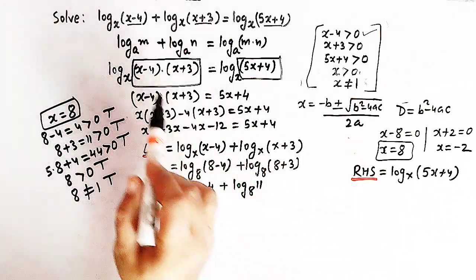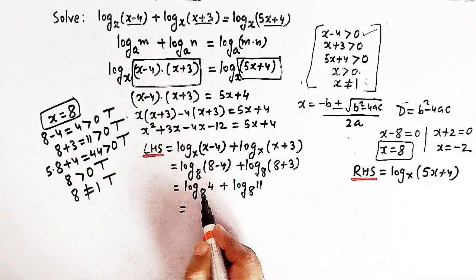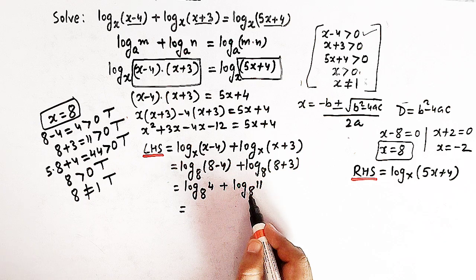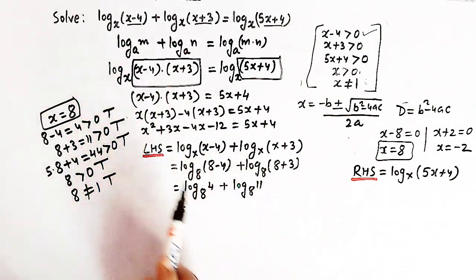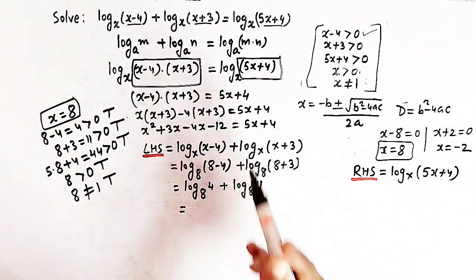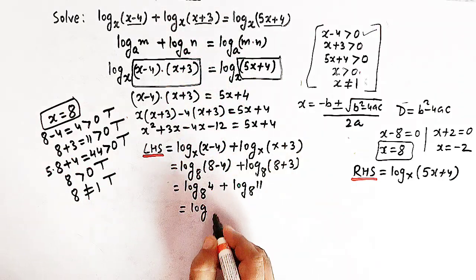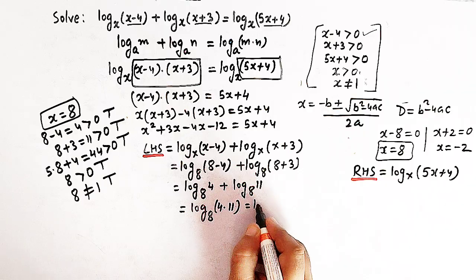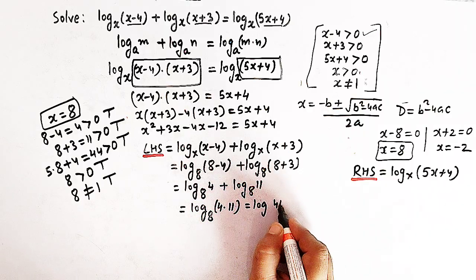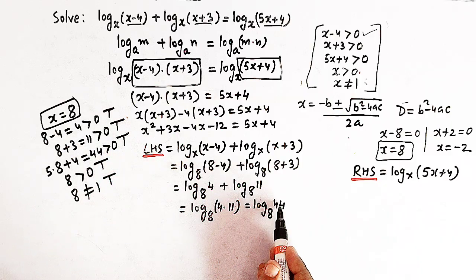So now again using this property, we have logarithm of 4 to the base 8 plus logarithm of 11 to the base 8. So here the value of a is 8, m is 4, and n is 11. So we can now write logarithm of m times n, that is 4 times 11, and here we have the base 8. So we have logarithm of 44 to the base 8. So the left hand side is logarithm of 44 to the base 8.